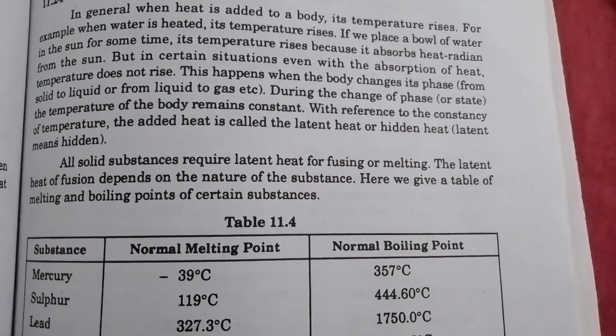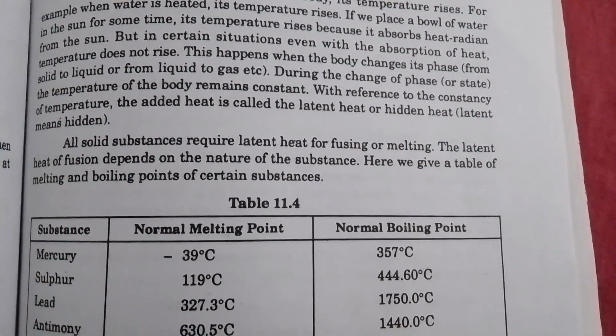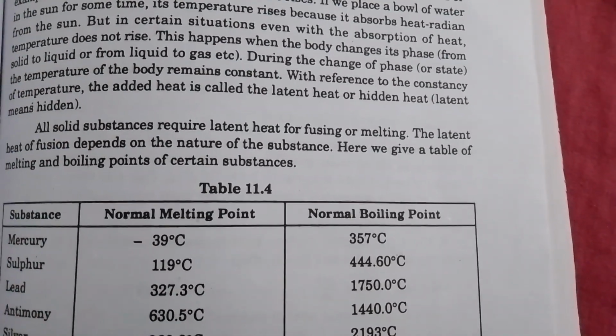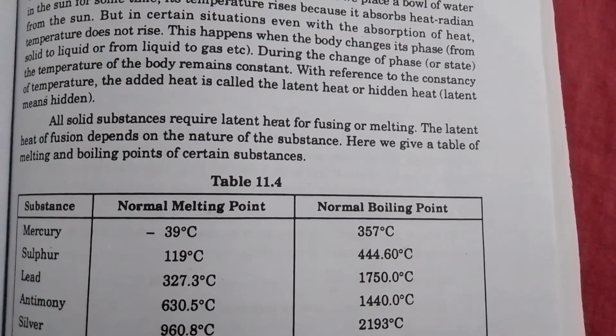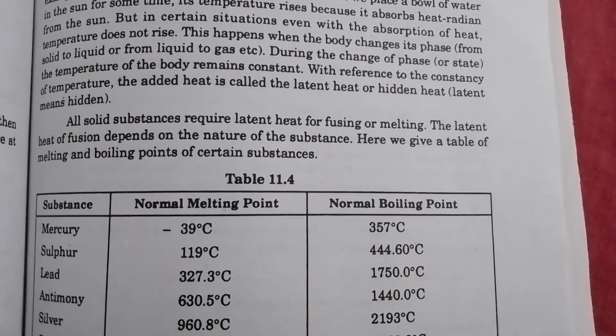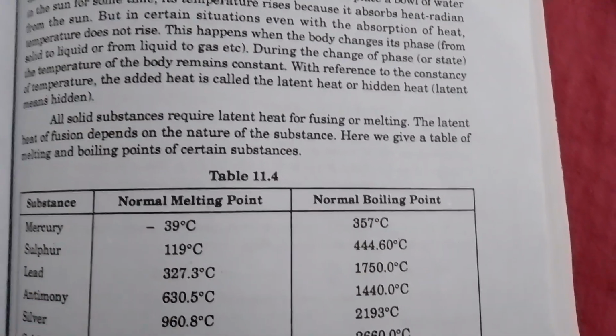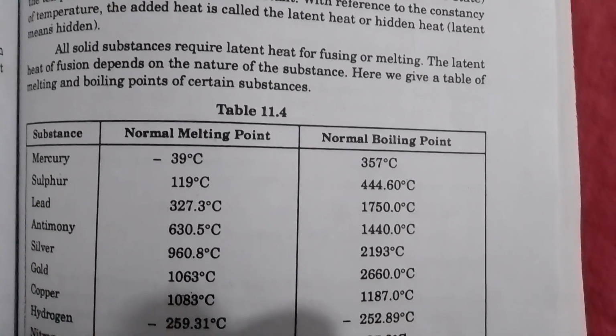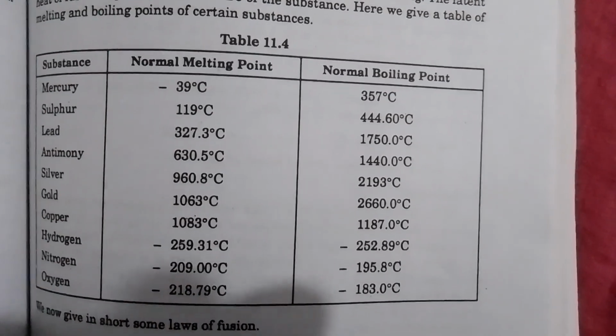Latent means hidden. All solid substances require latent heat for fusing or melting. The latent heat of fusion depends on the nature of the substance. Here we give a table of melting and boiling points of certain substances.